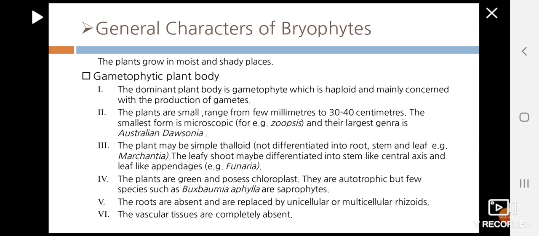The plants may be thalloid, with dorsiventral symmetry, and in some cases they exist as leafy shoots, but they don't have true root, stem, or leaves. They have stem-like, root-like, or leaf-like appendages, like Funaria.